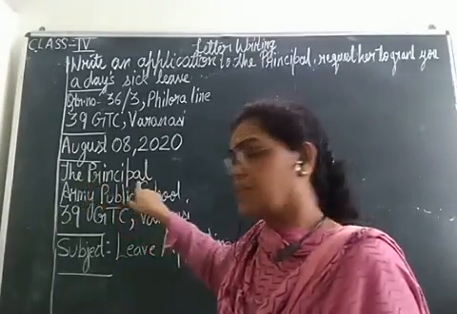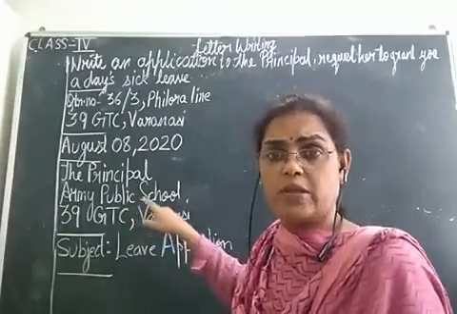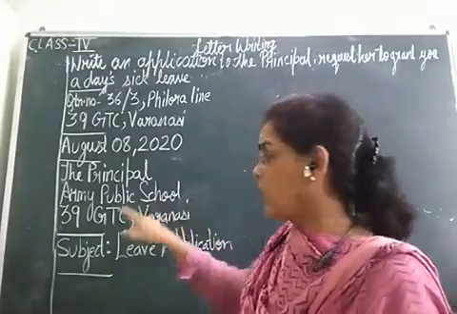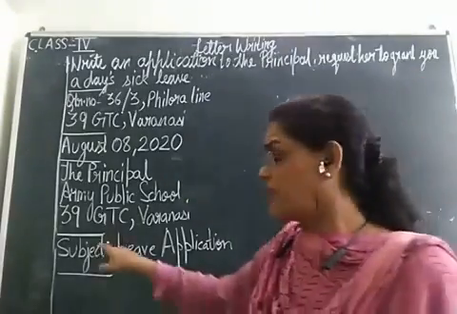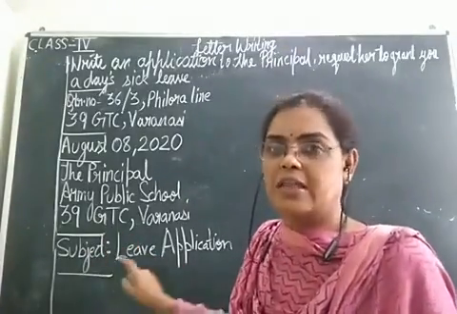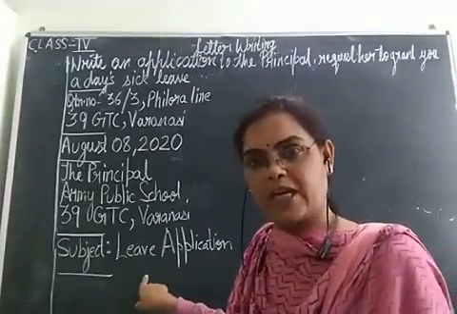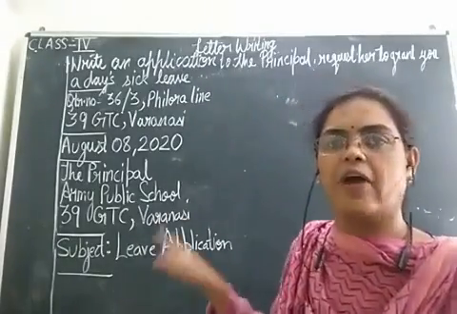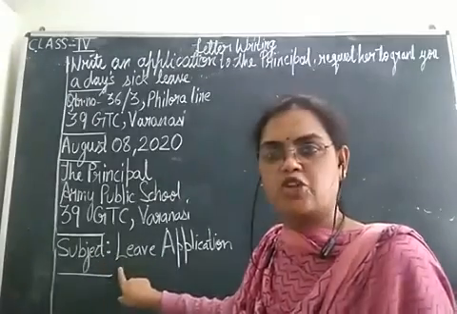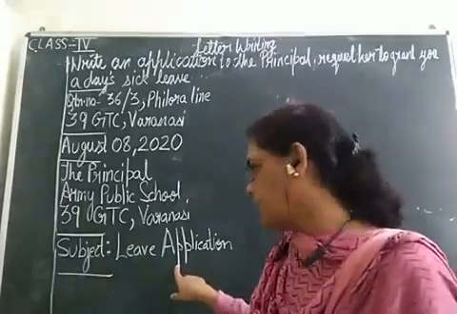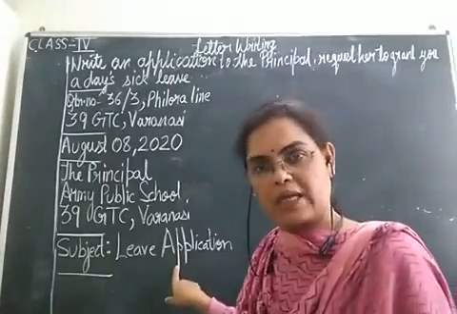So the principal, then the name of the school, that is Army Public School, 39 GTC, Varanasi. This is the address. After that, leave one line. Then comes your subject, and subject is leave application. Son, the first letter of leave in the subject should be capital, and application's A should also be capital.